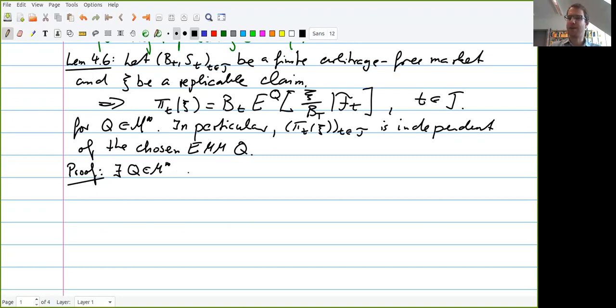This was the first fundamental theorem of asset pricing, as we just recalled. And there exists a replicating trading strategy, because we have a replicable claim.